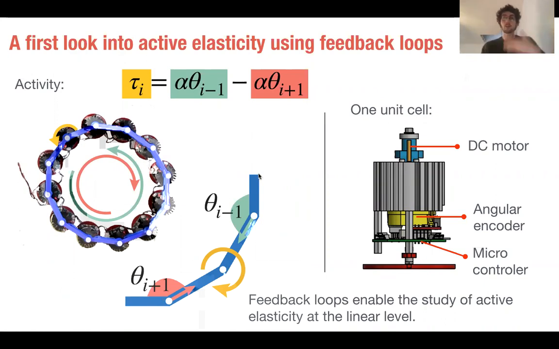And then there's a second layer within the system where this object is going to receive information on the angular position of its two next neighbors, theta i plus 1 and theta i minus 1. And it's going to apply an additional torque that is directly proportional to those two angular positions times a parameter alpha that we control. We can call it the activity.